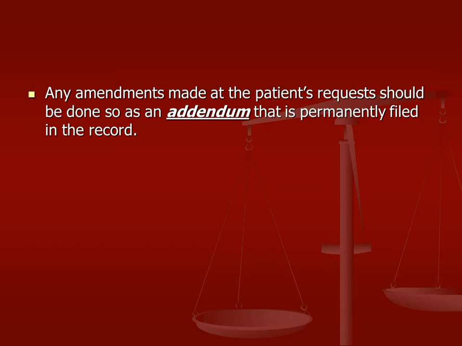Now, anytime there's an amendment made to the patient's record by the patient's request, it should be done as an addendum to the record that is permanently filed in the record.